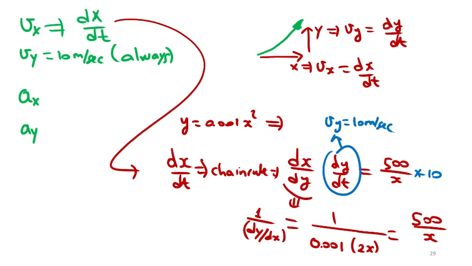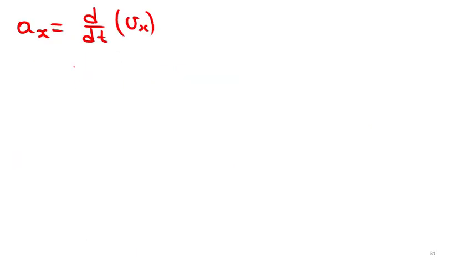Okay, vx is here, 500 by x times 10. So vx is 500 by x times 10. And then I need to take the derivative of this one with respect to time.